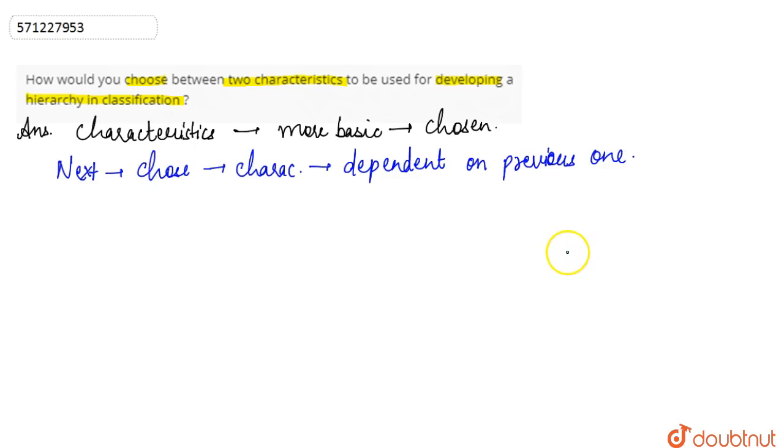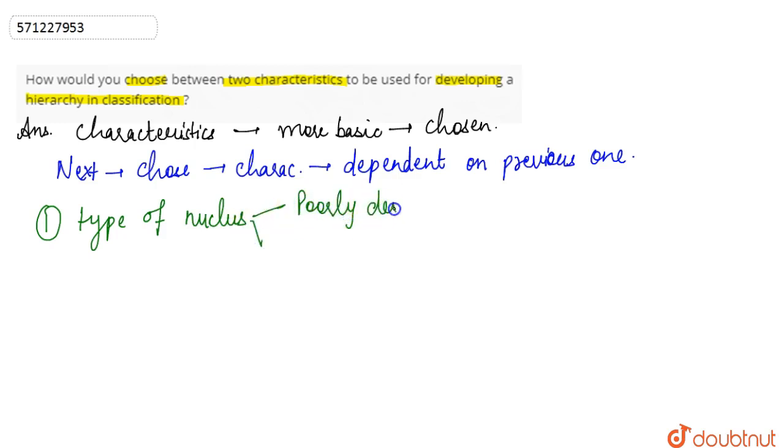In case of classification of animals, the characteristic that should be used to classify in a hierarchy is, first of all, the type of nucleus, whether it is poorly developed or well developed.